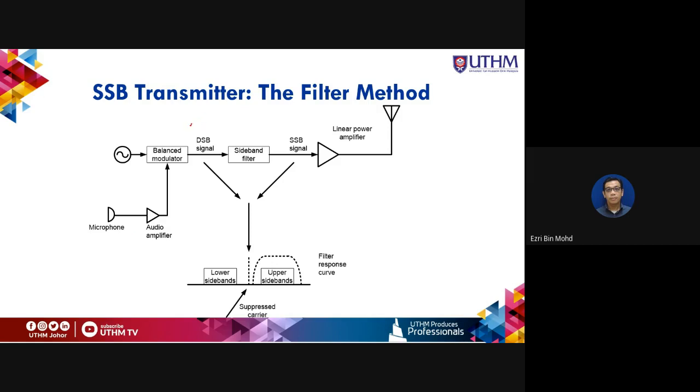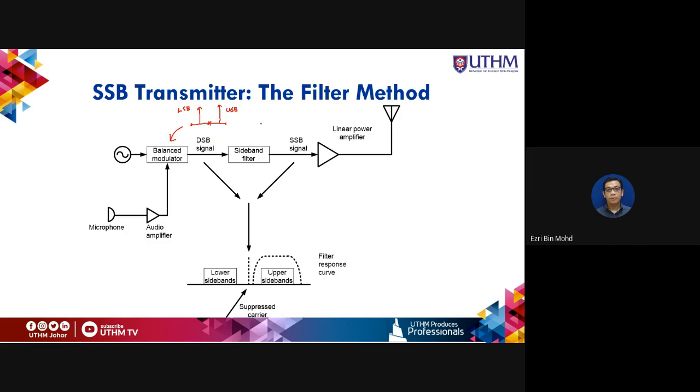So when we see it through a frequency analyzer, we get the upper sideband and lower sideband without a carrier, no carrier. So double sideband suppressed carrier is produced by a balanced modulator.